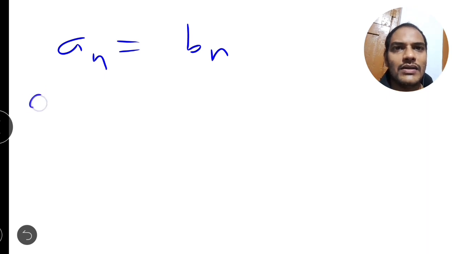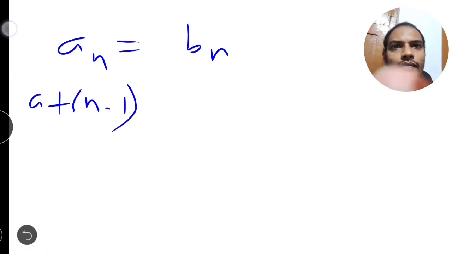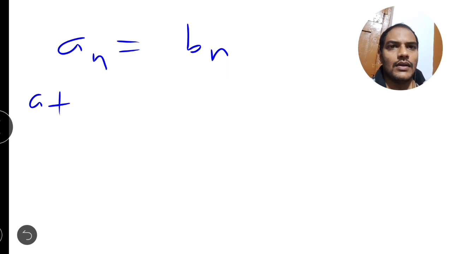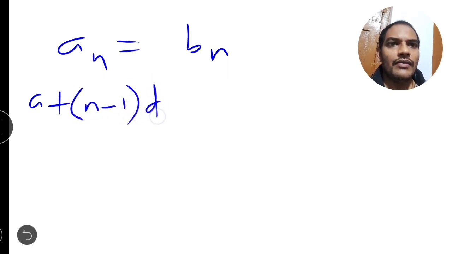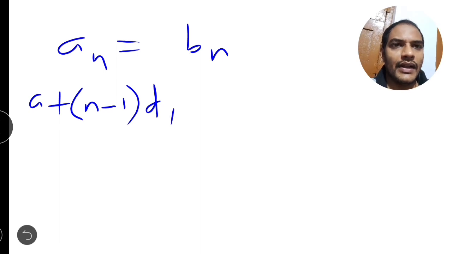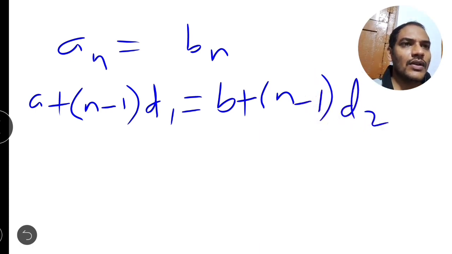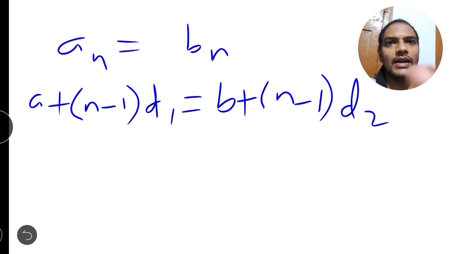So an means a plus n minus 1 into d1, because we took d1 as the common difference in the first AP, equals bn, which is B plus n minus 1 into d2, because d2 is the common difference in the second AP.